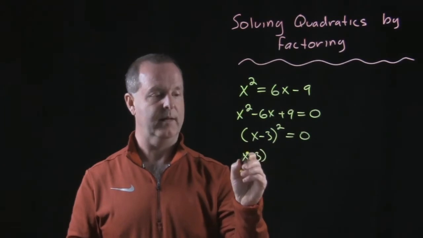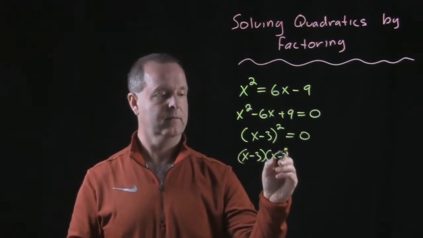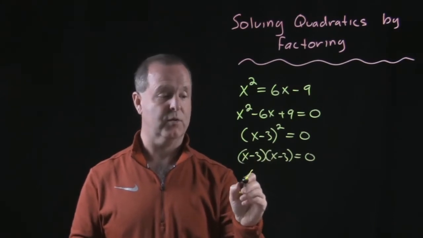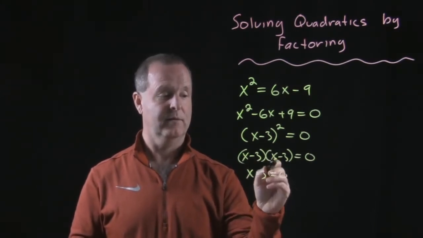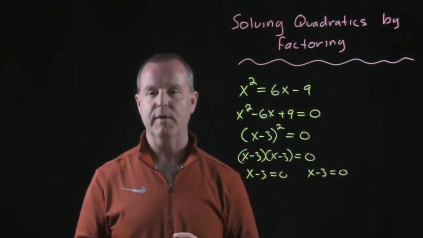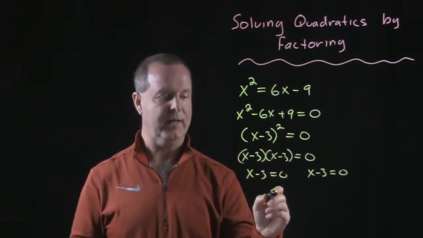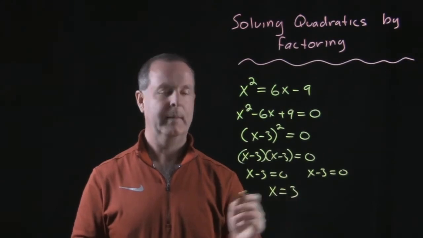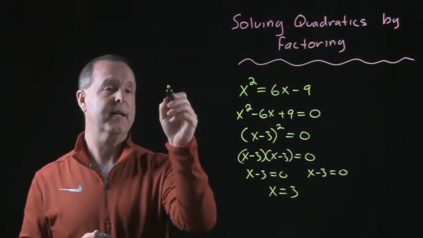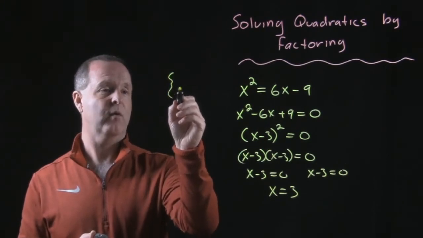This is what it really means. So for this to be true, either x minus 3 equals 0 or the other x minus 3 equals 0. So in both of those cases, x would equal 3. So there's my solution set of just x equals 3.